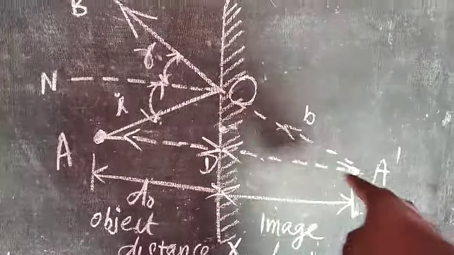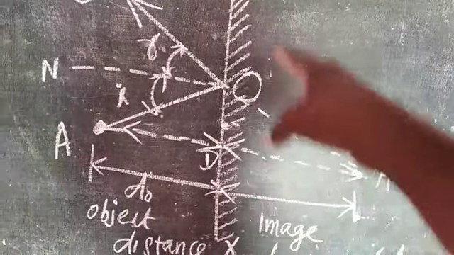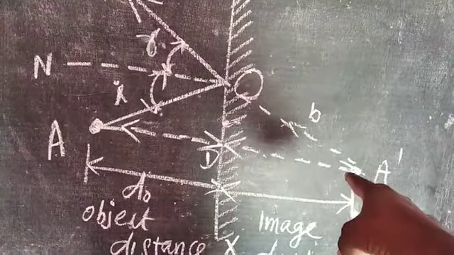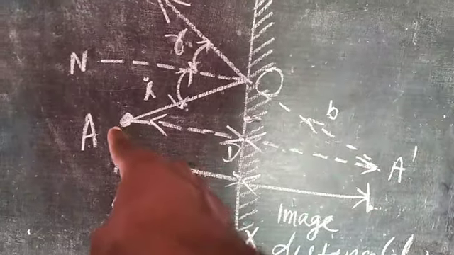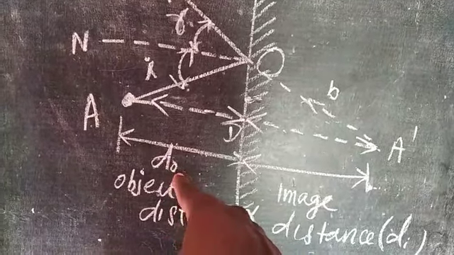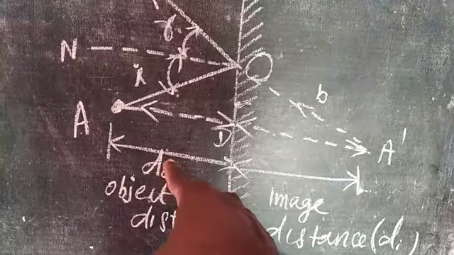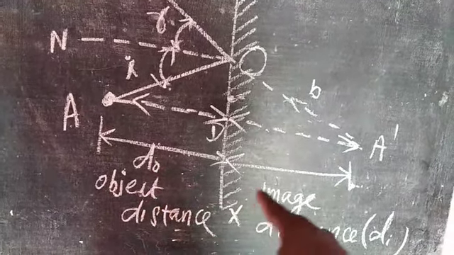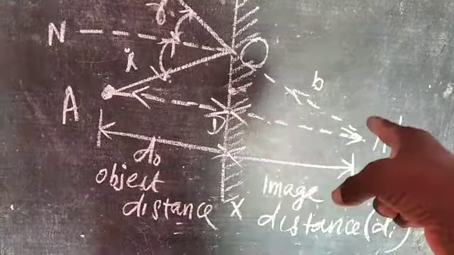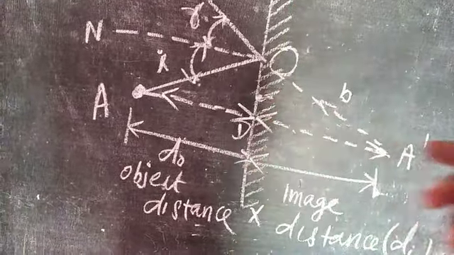This ray appears to come from point A prime, which is behind the plane mirror. So the object distance DO, O stands for object, D stands for distance, and the image distance DI are perpendicular to the plane mirror.